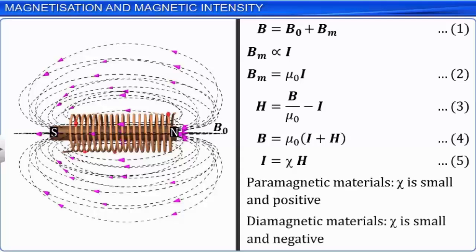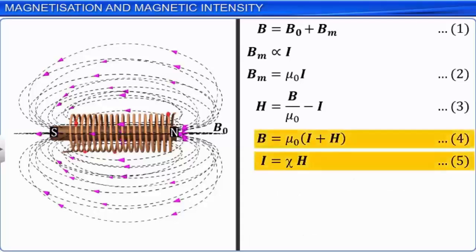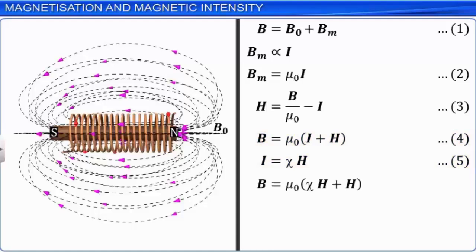But the magnetic susceptibility and relative magnetic permeability are related as mu r is equal to 1 plus chi. Hence, in place of 1 plus chi, we can write mu r, and we can further write equation 6 as B is equal to mu naught into mu r into H. Let this be equation 7.